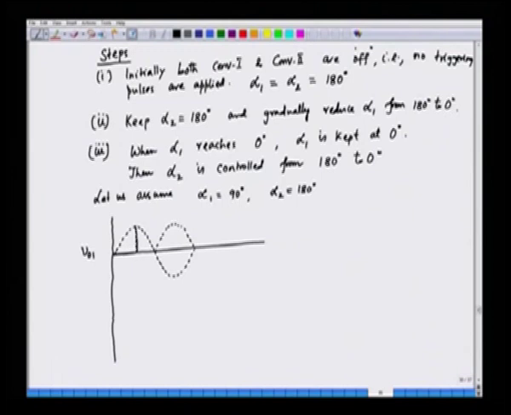So, the output will be like this. This is 180 and this is 360, this is alpha is 90, this is pi plus alpha 1, this omega t here.